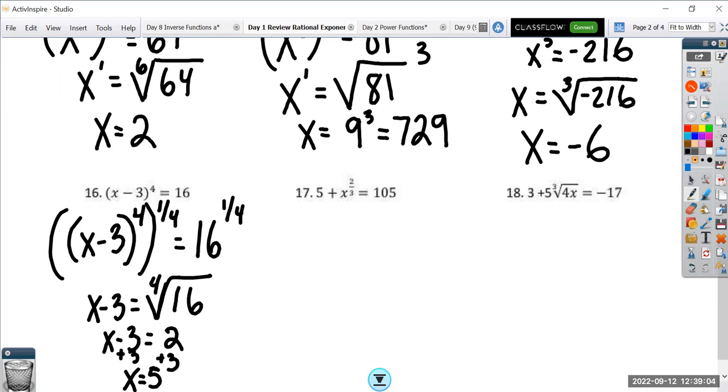Now for number 17, this is not saying 17.5. It's saying 5 plus x to the 2/3 equals 105. I'm going to start by subtracting 5 from both sides. x to the 2/3 equals 100. To get rid of the exponent of 2/3, I need to take both sides to the 3 halves.